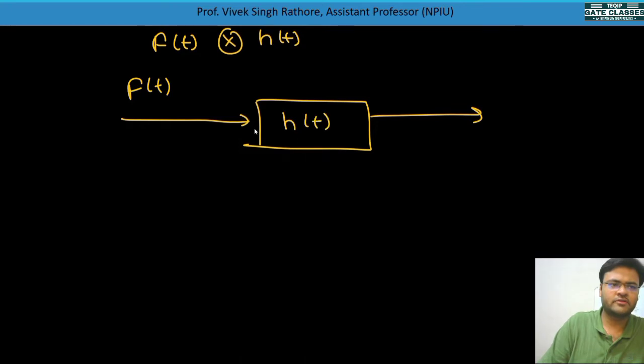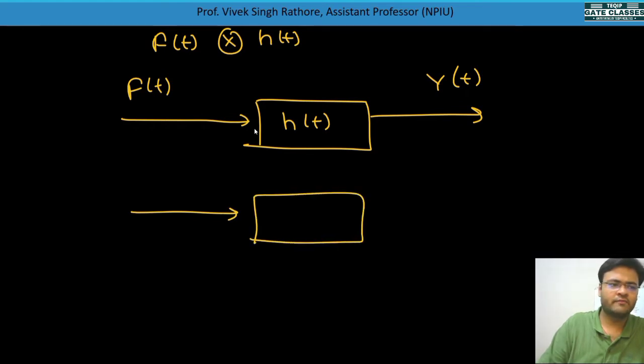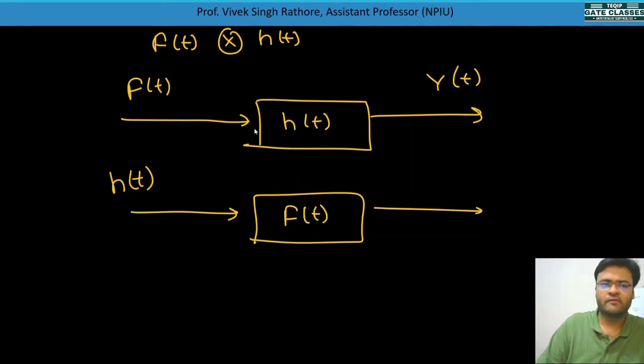Let me tell you, if your input is f of t and your impulse response is h of t, and it is convolved and you are getting an output like this, then if you reverse it, giving input as h of t and impulse response as f of t, whether you will get the same output, that is the commutative property, and it is true. Both will be equal.